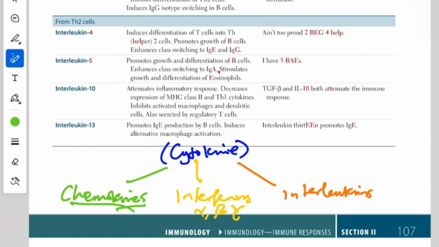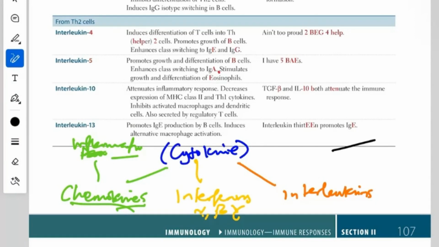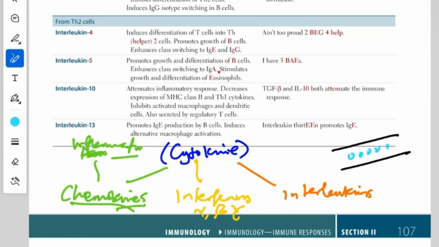That's the chemokines. They are very important in inflammation. When we get to inflammation pathology, they tell you, okay, you have your blood vessel here, and your white blood cells are floating around inside the blood vessel.